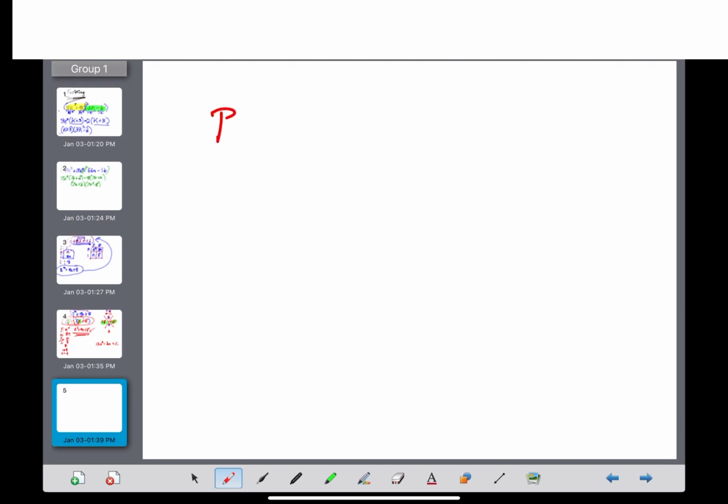So, another example. Let's go with p squared plus p minus 56. Okay, so I'm going to start out my two binomials. My variable is p, so I'm going to put p and p.